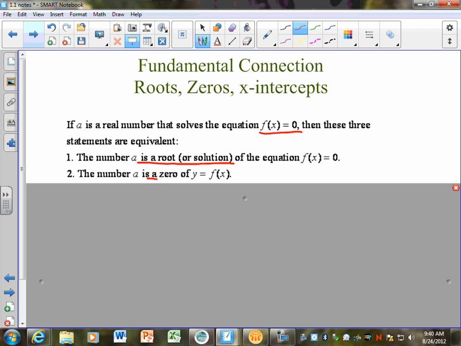We also say that that number is a zero of that function. Roots, solutions, zeros. They all mean what you get when you solve that problem. I could use those words interchangeably, and I expect that you can too.